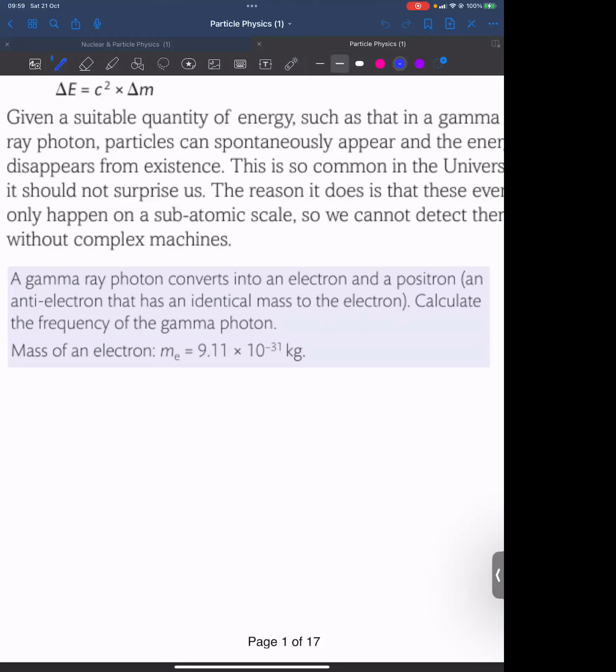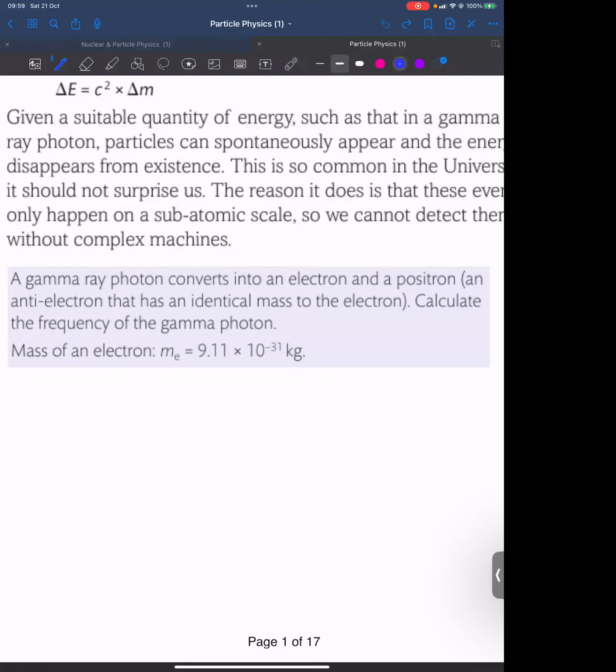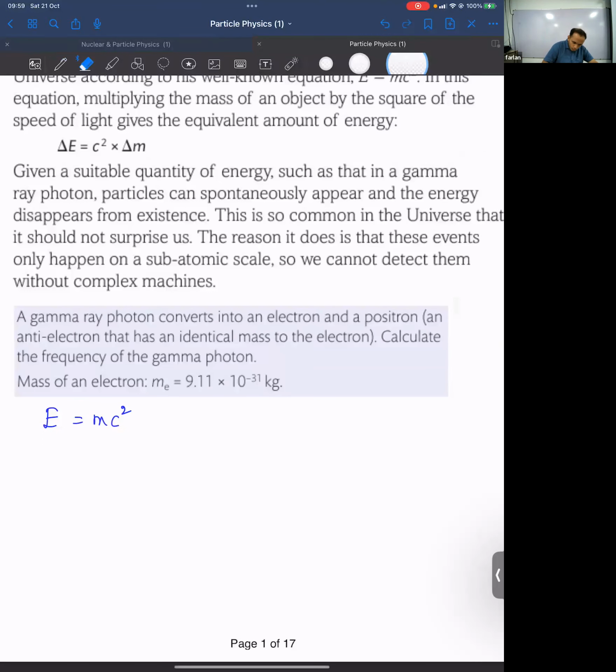So guys, the energy equivalent is given by E equals mc squared. What they are saying is a gamma ray photon converts into an electron and a positron.